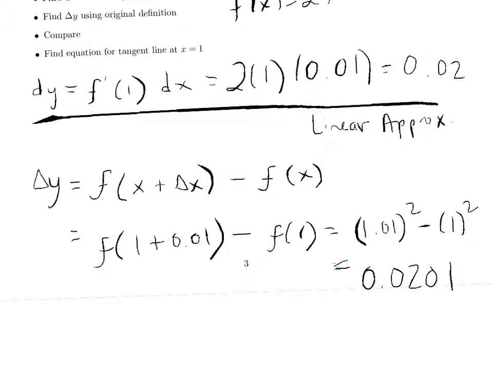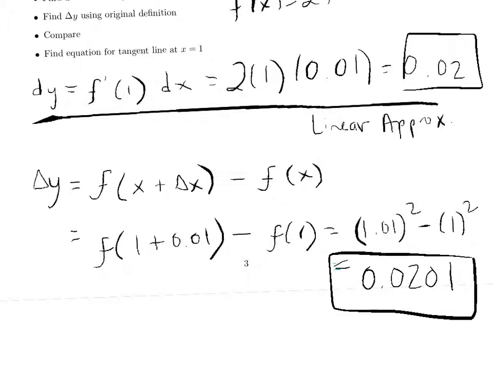Look at here. dy is here, delta y is here. They are similar. They're very, very close, right? So that tells us that the line that we've chosen, the tangent line that we're seeing, is a good approximation for this function around this point.